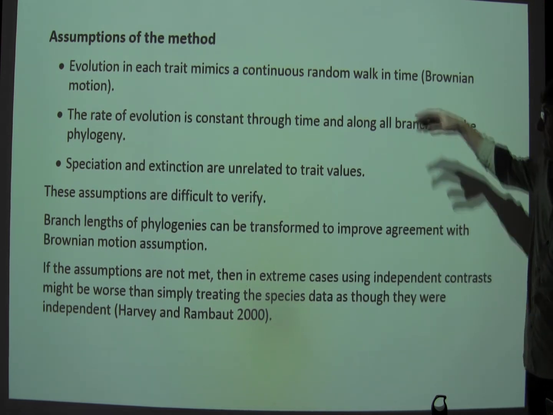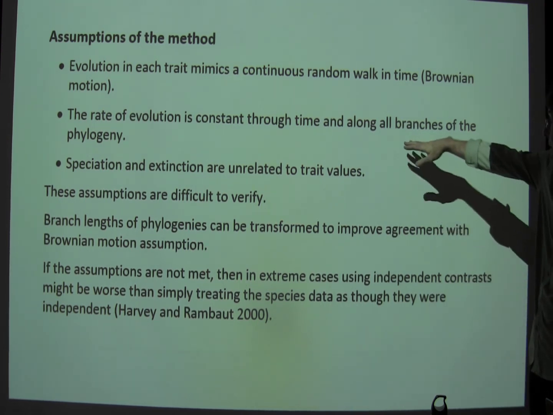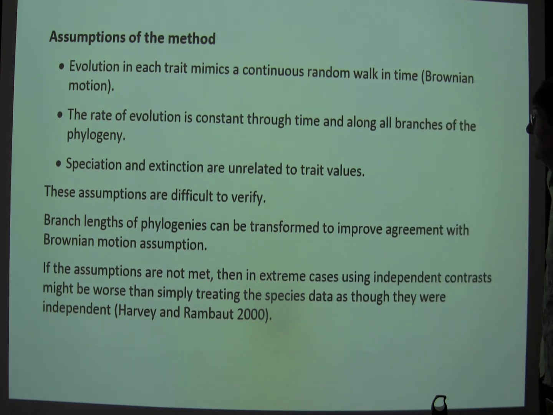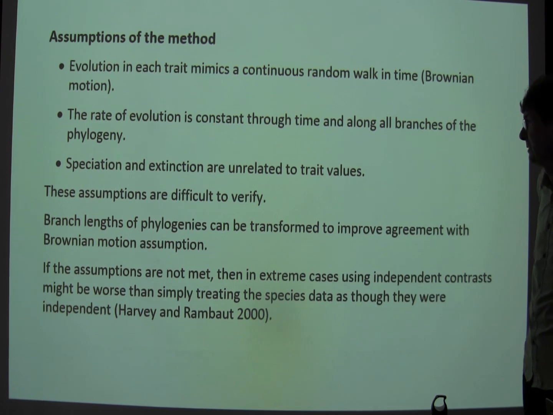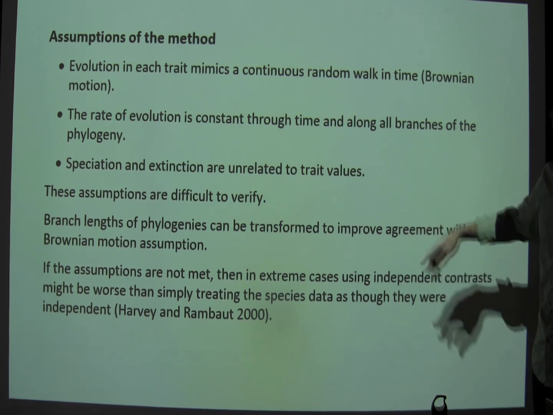So the main assumption is that evolution in each trait mimics a continuous random walk in time, Brownian motion. For this assumption to be met, the rate of evolution actually has to be constant through time and along all branches of the phylogeny. And we also have to assume that speciation and extinction are unrelated to trait values. These assumptions are actually difficult to verify.